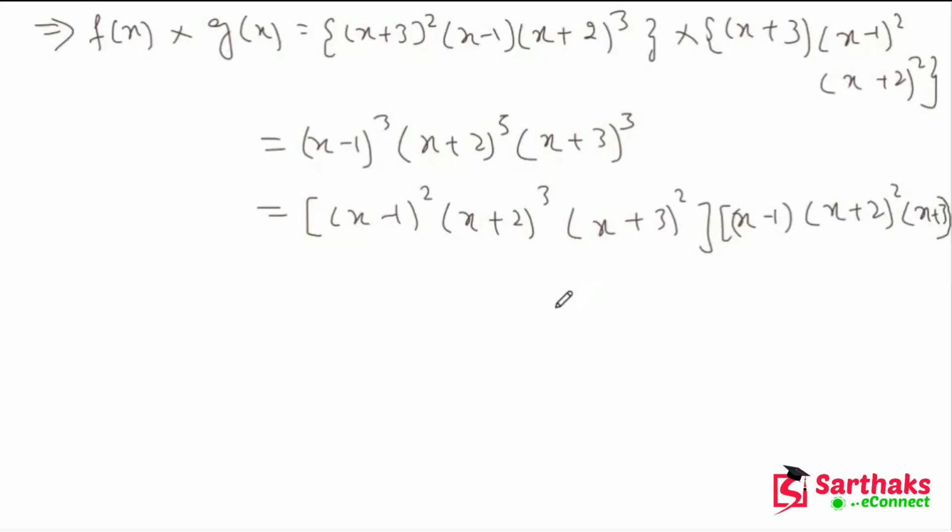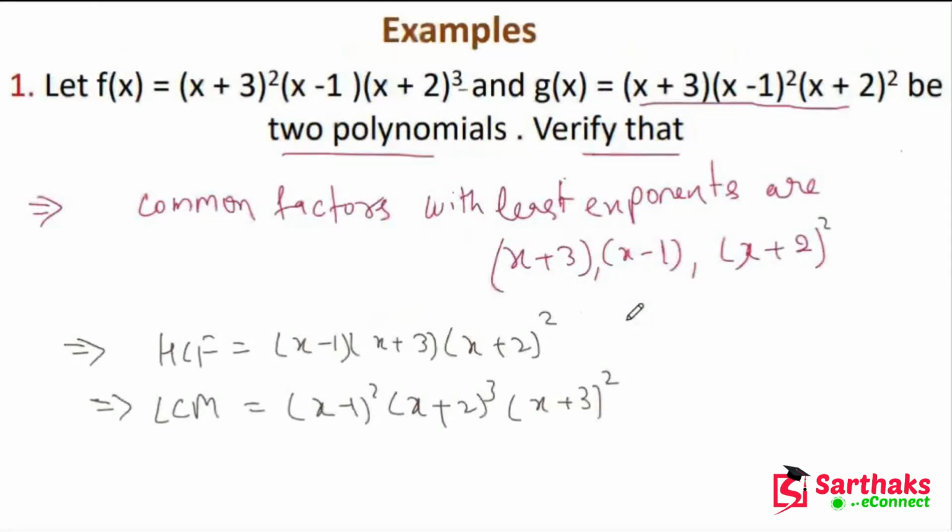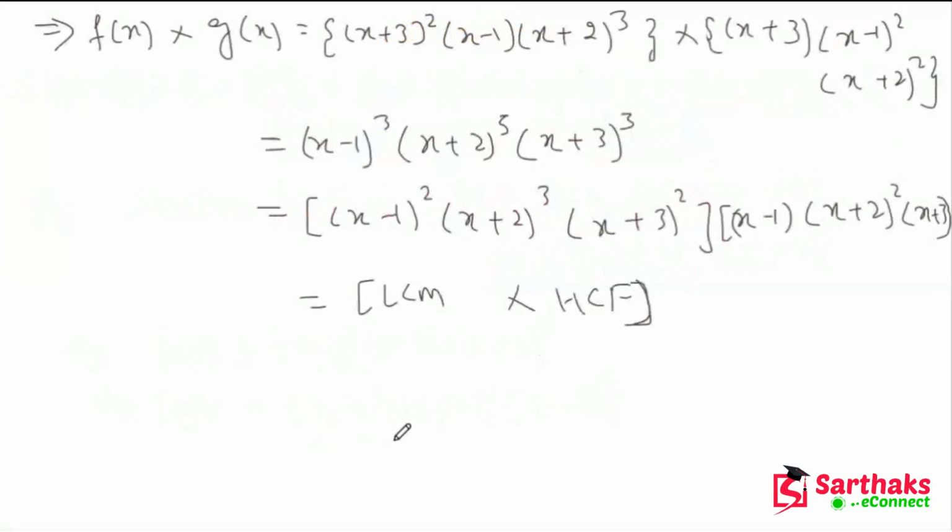Okay, so this is equals to LCM into HCF. If you focus on the previous slide, this is our HCF and this is our LCM, and here this is our LCM and this is our HCF. So hence proved. So f of x into g of x.